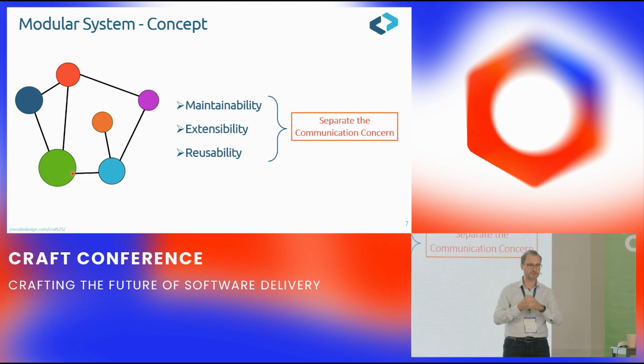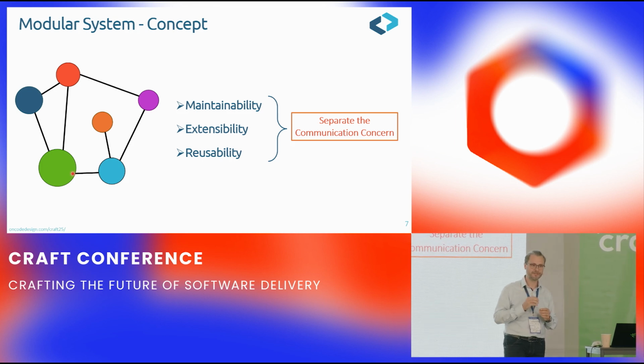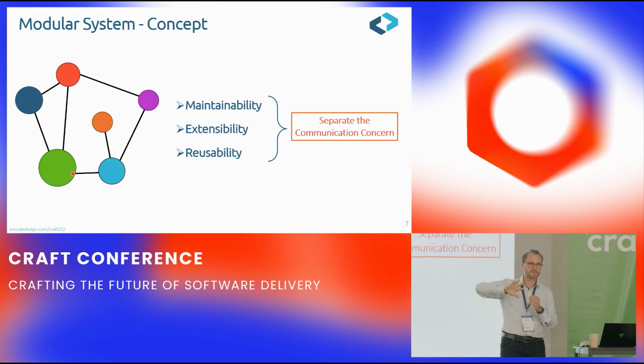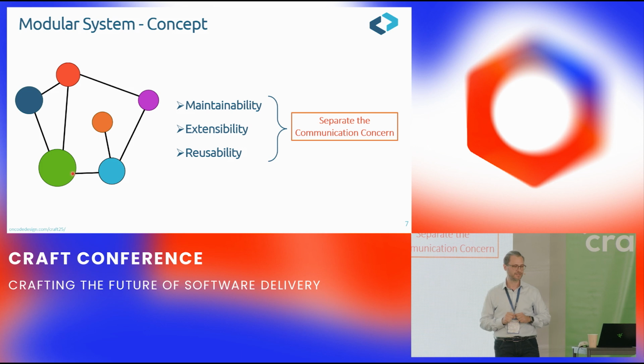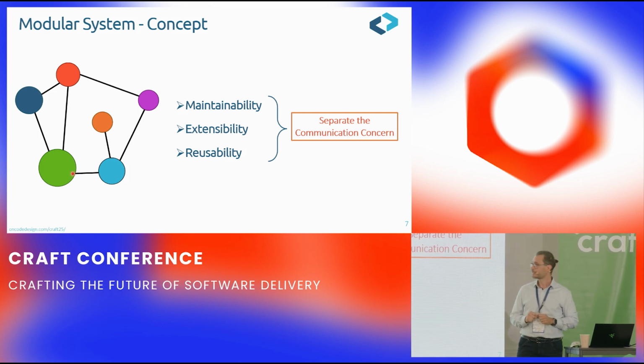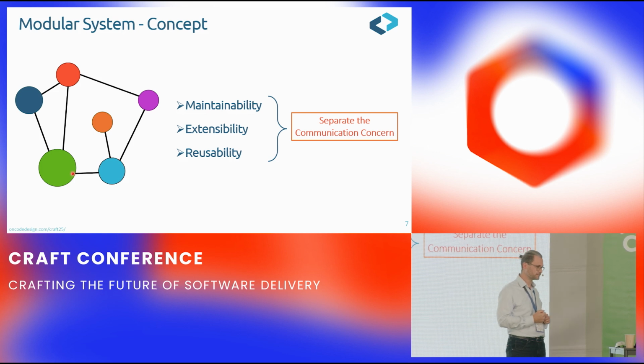How will these services communicate one with the other? And the communication shouldn't be our primary concern when we think about the decomposition. That should be something secondary, a different thing we are going to approach at a later stage. So a modular system allows us to do this.